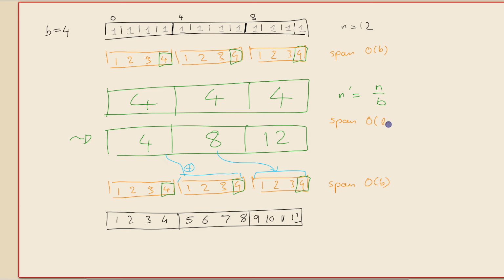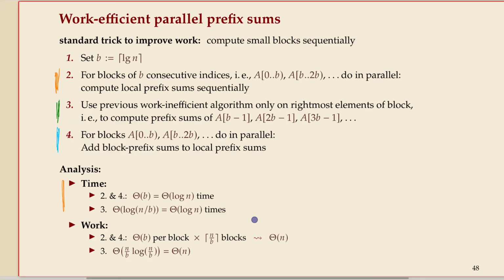And we've seen that this is log n prime, the new n that we had before. And because I can just upper bound this by n, log n prime is at most n, is actually strictly less, but we don't bother. So the span of this part is also at most log n. And so we see all steps take logarithmic parallel time. It's the same as before, up to a constant factor.